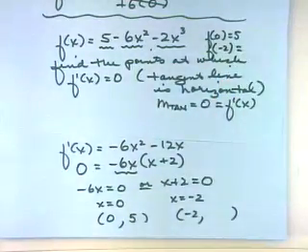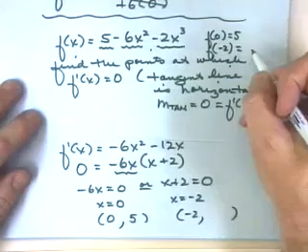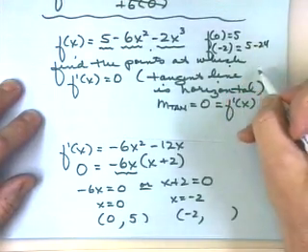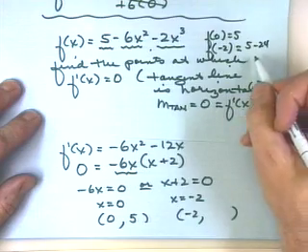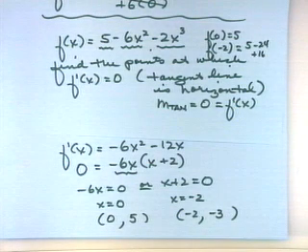The f of negative 2, let's see, it's going to be 5 minus 24. When you cube it, you get negative 8, so it'd be plus 16. Is that right? Yeah. Negative 3. Is that right? Yeah.